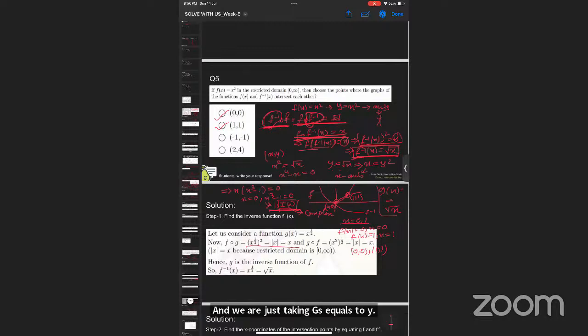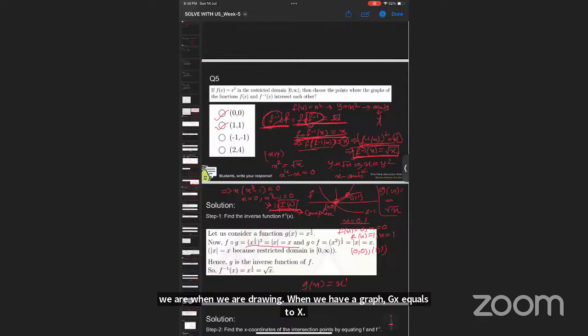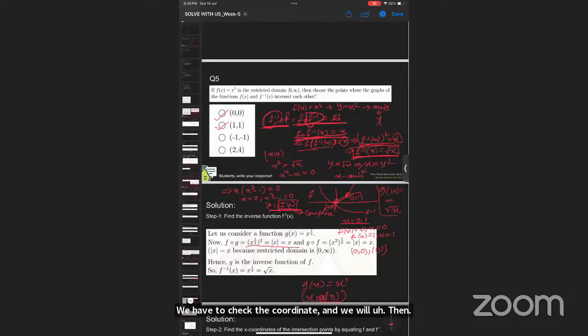Because when we are drawing a graph, if we plot the graph, we have to check the coordinates and then plot the graph. So we can take this as the y coordinate. It's a general form. So it's now fine, right?